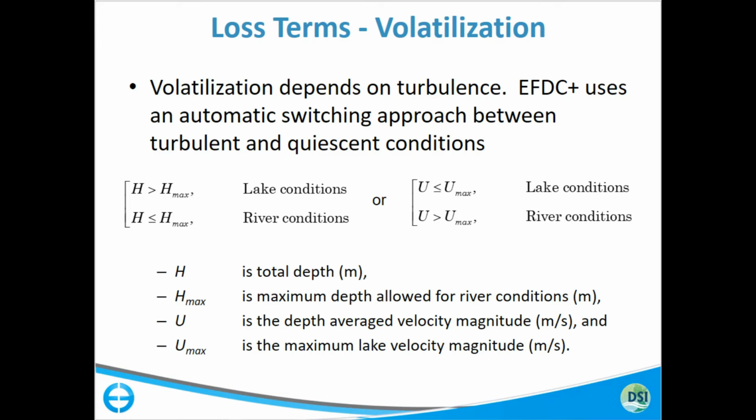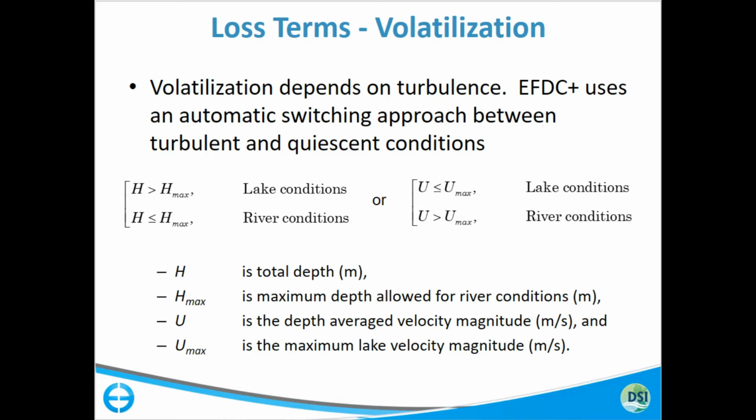And using these two toggles, the way it'll work is that if the velocities are real high and the depths are real high, if you trigger the high velocities, even though the depths are high, you'll end up in river conditions. So it'll use whichever value is controlling to toggle it between the two conditions.